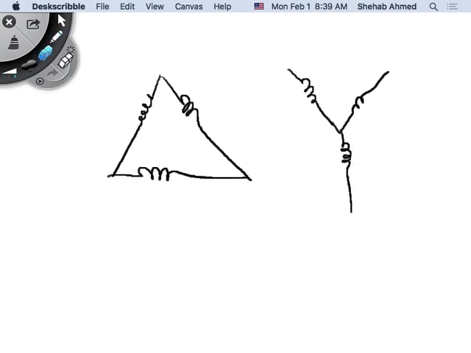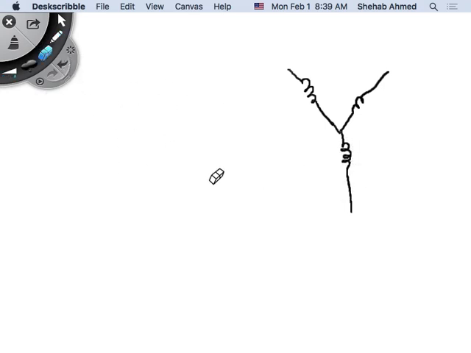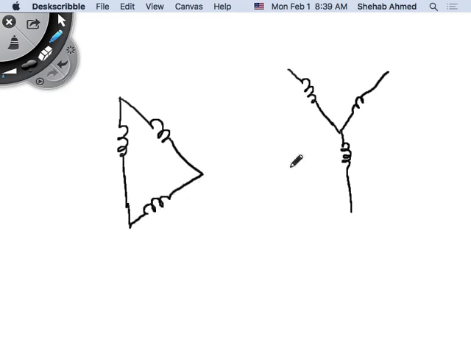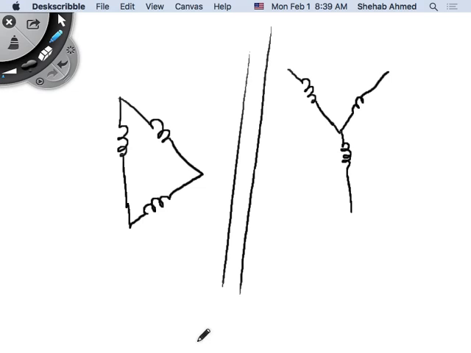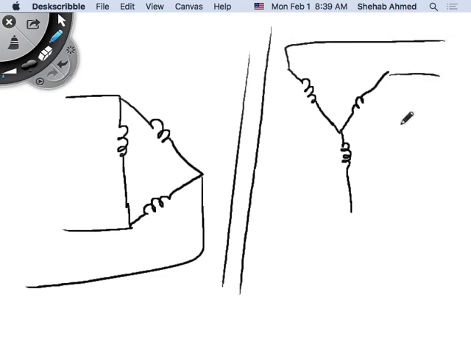Let me erase this one second and redraw it, because we will agree on something. So this is a transformer, delta star transformer. 1, 2, 3 phases. 1, 2, 3 phases.